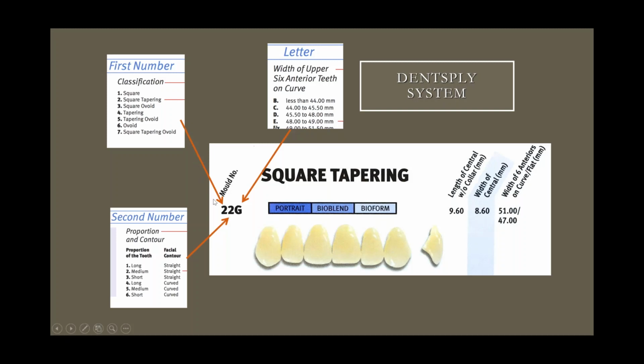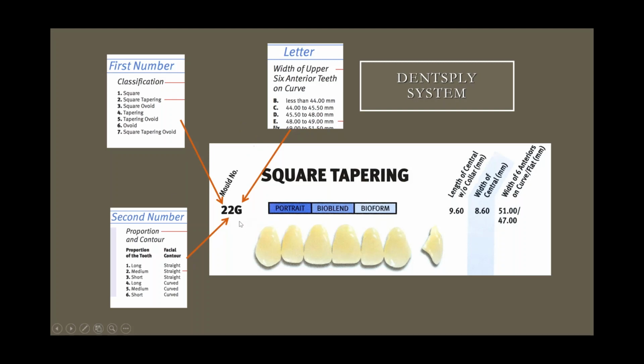And the second number denotes the proportion of the tooth, that is long, medium or short, combined with the facial contour, that is straight or curved. So after checking for these two, we select the first and the second number.